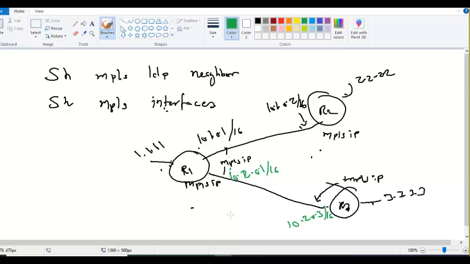Come again. OSPF, yeah, it is there. OSPF for static route. But neighbors are not forming.